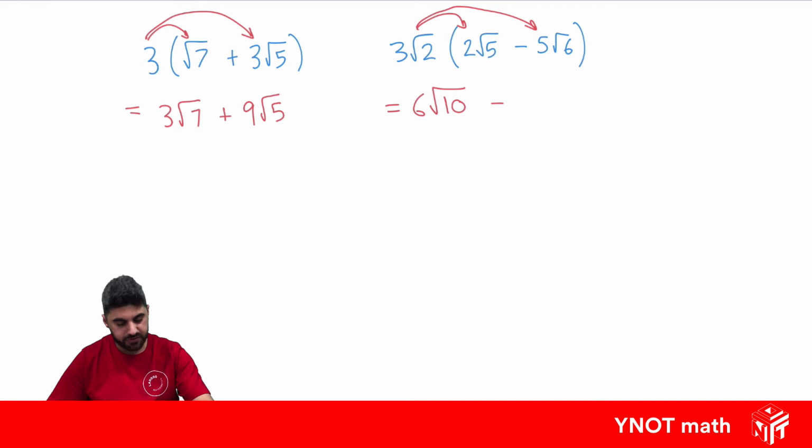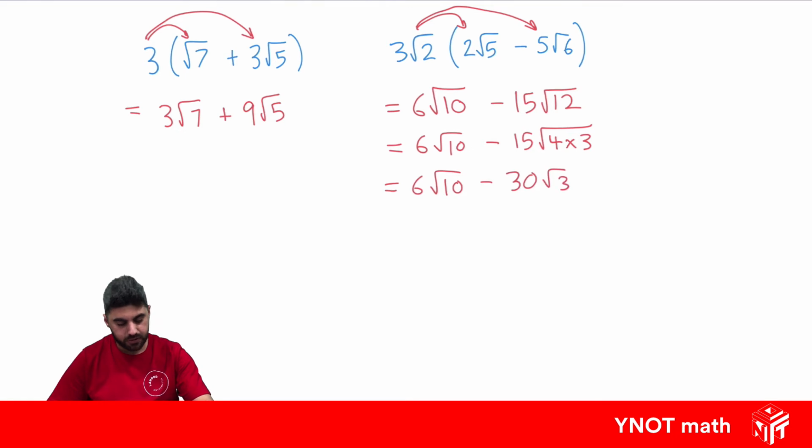Minus 3 times 5 is 15. And root 2 times 6, which is 12. Root 12 can be simplified. So we get 15 root 4 times 3. And root 4 is 2. Times that by the 15 gives us 30 root 3.